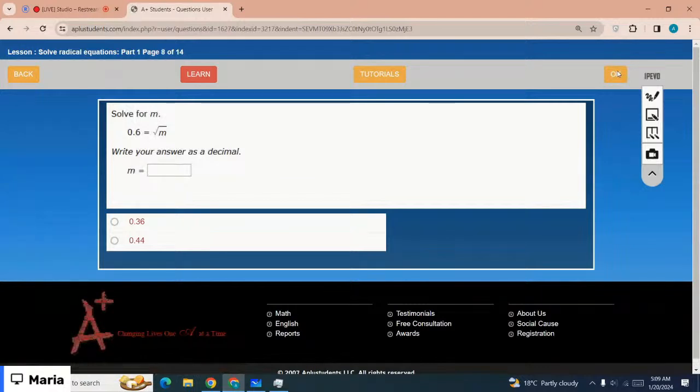Okay, solve for m. The correct option is 0.36.